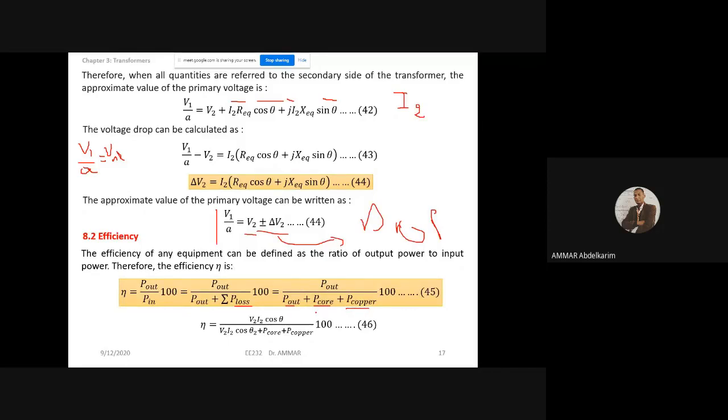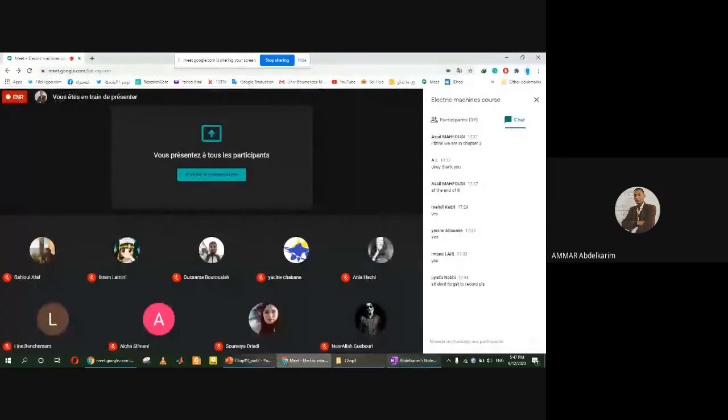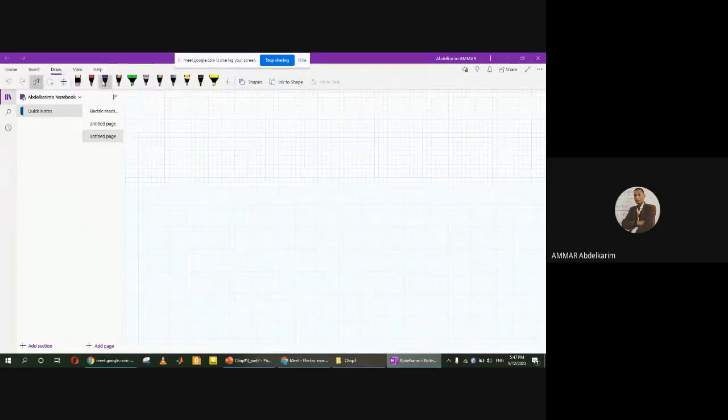So the core losses plus the copper losses are the sum of losses in the transformer, and we can demonstrate it by drawing a diagram, which we call the power flow diagram, to clarify more the meaning of the losses, how the losses are taken.